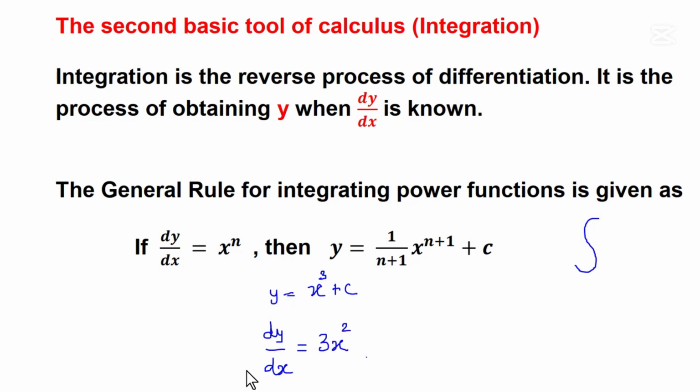Now, we're moving from y to dy/dx, which means differentiating y with respect to x gives us dy/dx. With y equal to x to the power of 3, dy/dx is 3x squared.